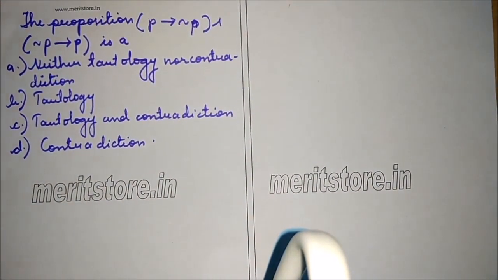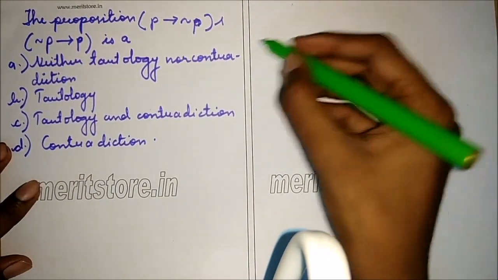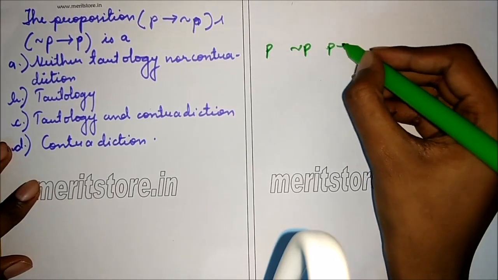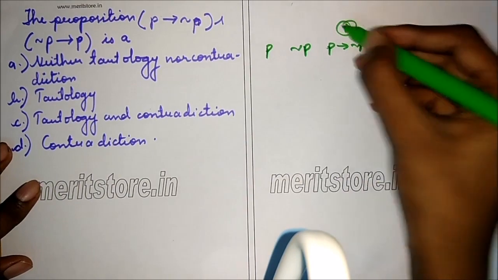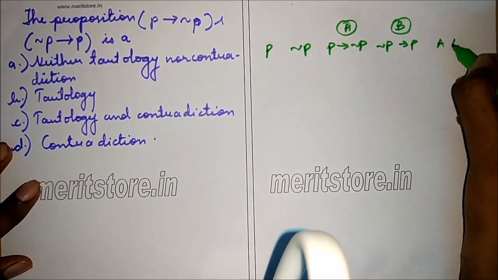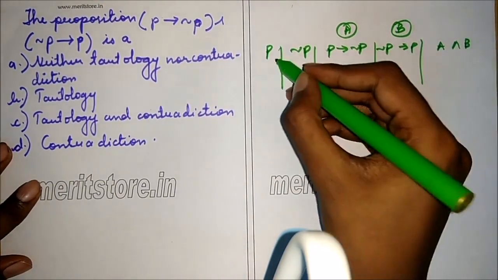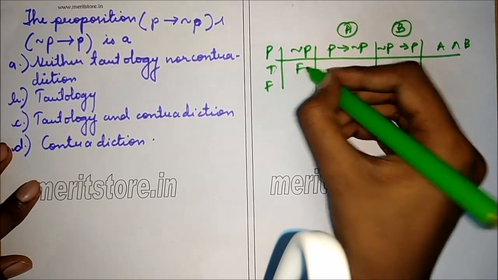The proposition P implies negation P and negation P implies P. Now we'll draw the truth table for this. So P, negation P, P implies negation P, negation P implies P, and let this be A and B. P can take values true or false, so negation will be false or true.